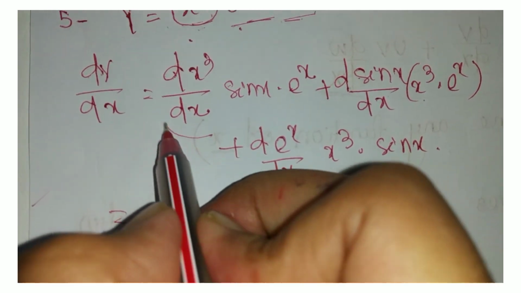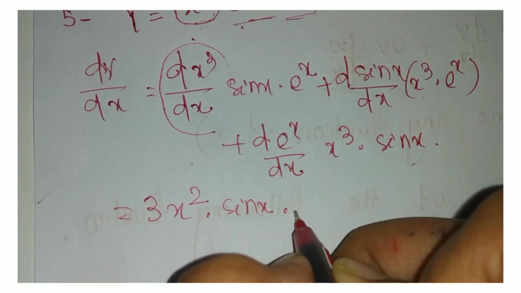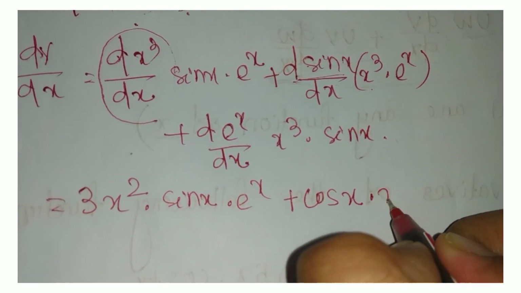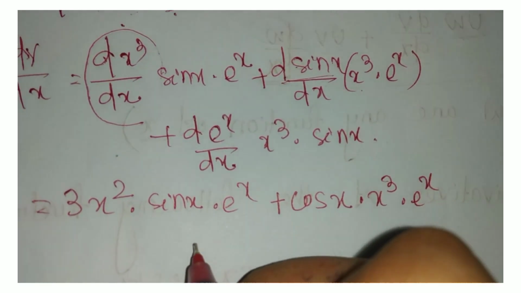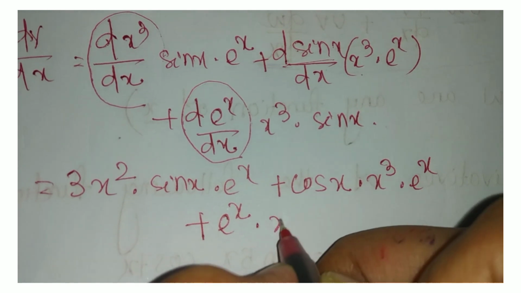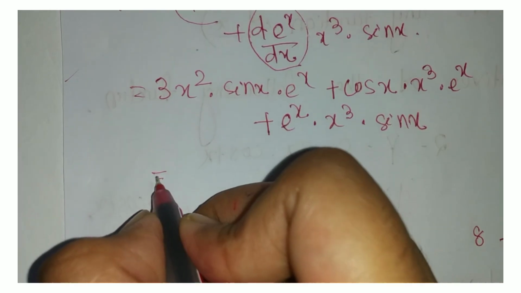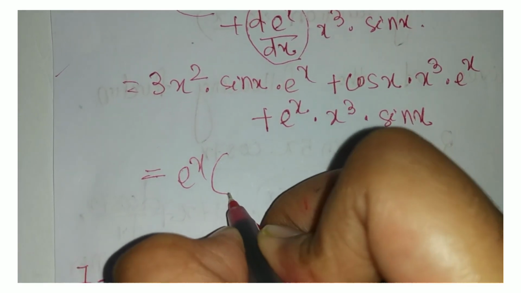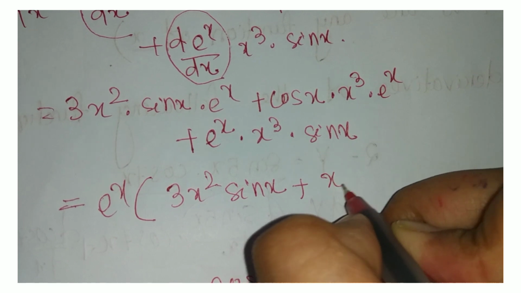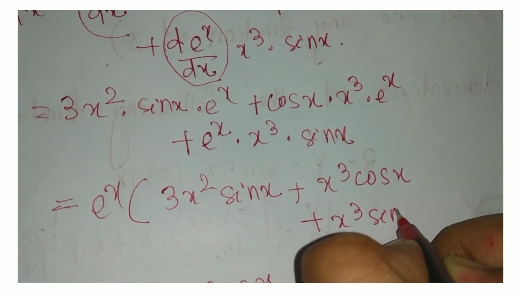The derivative of x cube is 3x square into sin x into e to the power x, plus the derivative of sin x, which is cos x, into x cube into e to the power x, plus the derivative of e to the power x, which is e to the power x, into x cube into sin x. e to the power x is common: 3x square sin x plus x cube cos x plus x cube sin x. Answer.